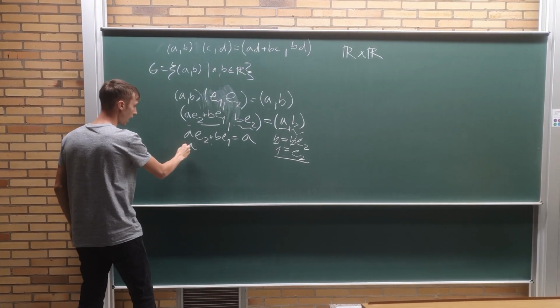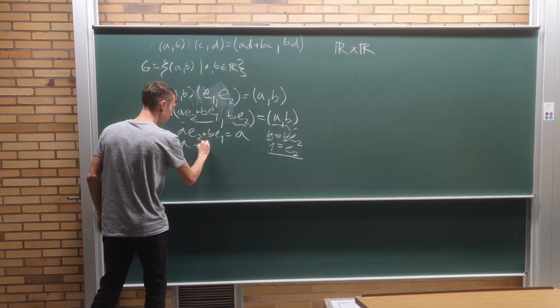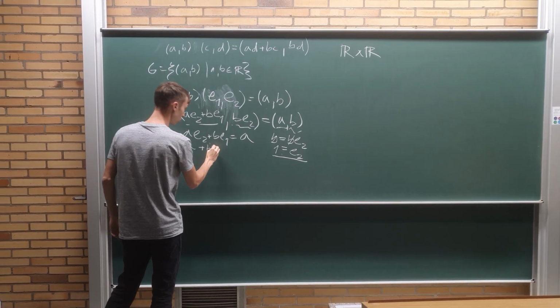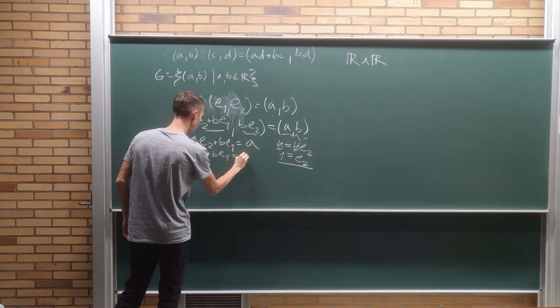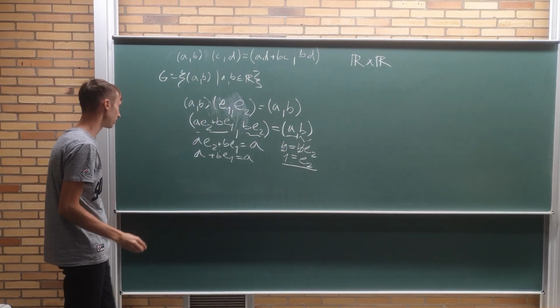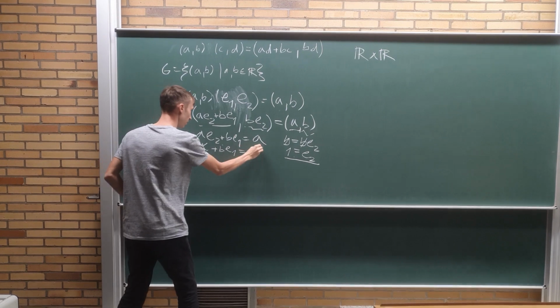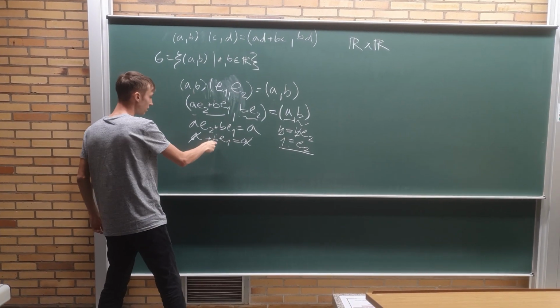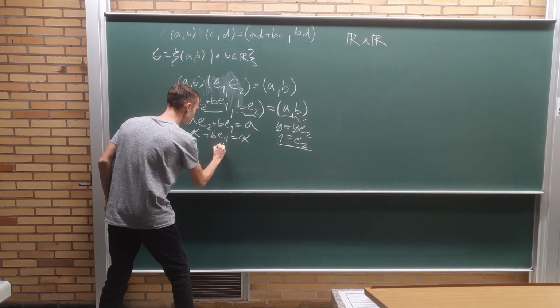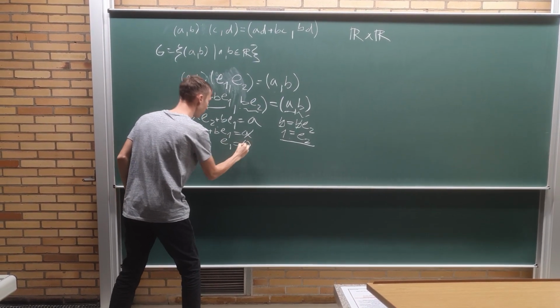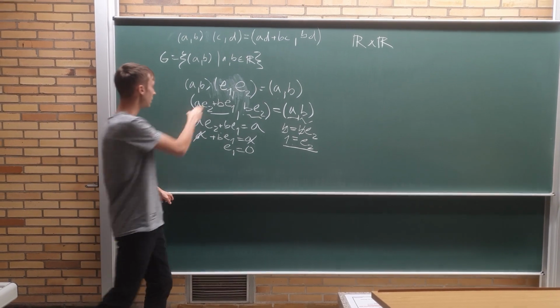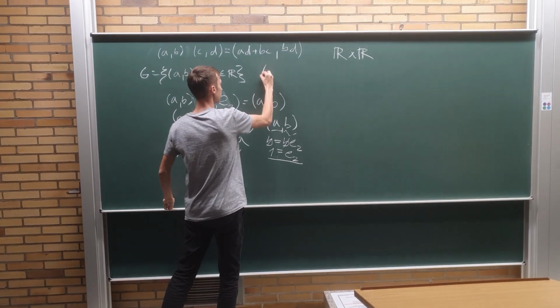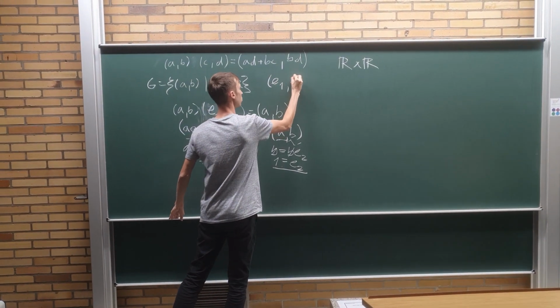I get a times 1 plus b times e1 equals a. So this leaves me with the possibility to cancel out the a's on both sides, and then divide the 0 on the right side by b, which still remains 0. So e1 is 0. That means that the identity (e1, e2) for this group will actually be equal to (0, 1).